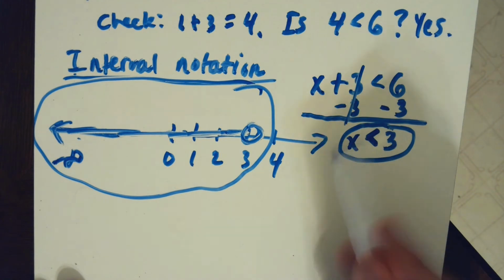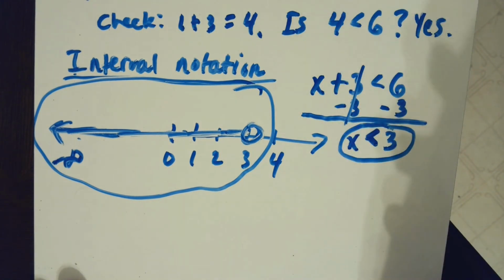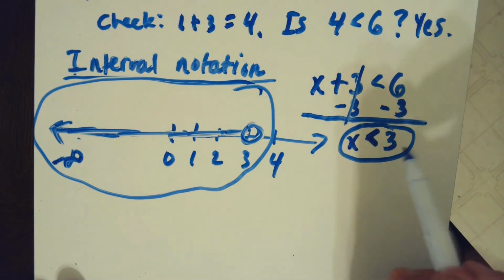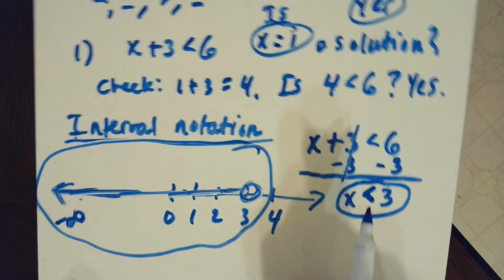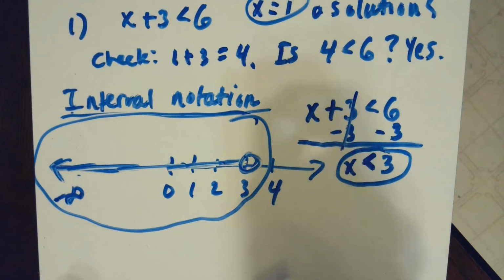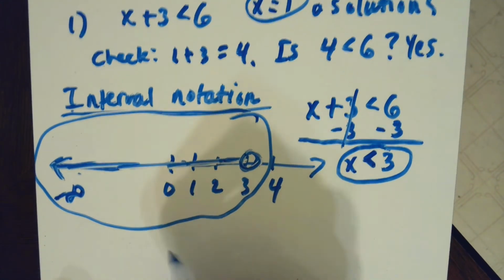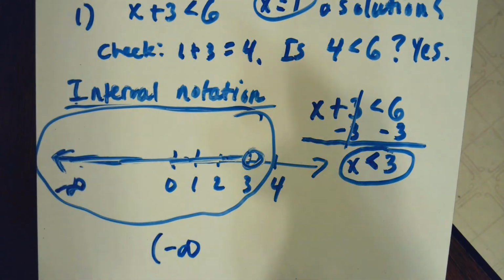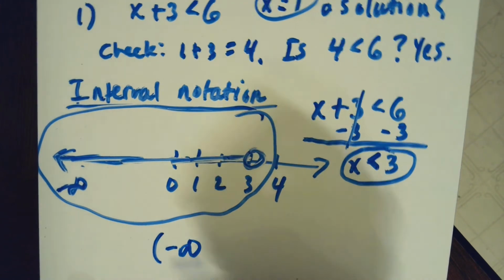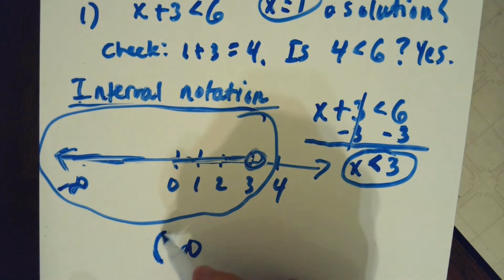So as long as x is less than 3, it's a solution. So negative a jillion, a jillion isn't a number, but you know, a negative anything you want is a solution to the original inequality. So therefore, we can really say that the lowest value doesn't really exist. So what we say instead is that the lowest value, with air quotes, is negative infinity.